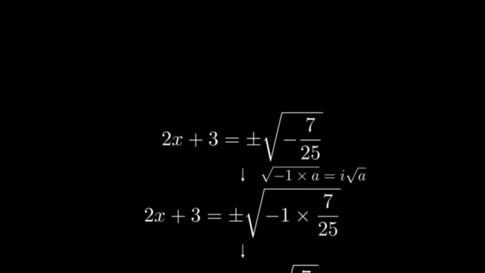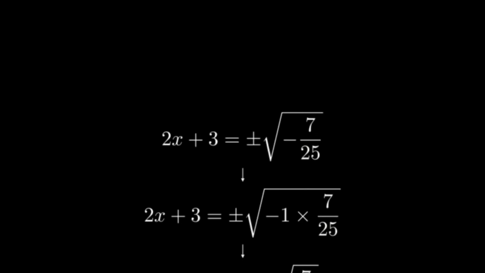The square root of negative 1 times a number equals i times the square root of that positive number. This transforms our expression into 2x plus 3 equals plus or minus i times the square root of 7 over 25. Now we can further simplify by applying another property of square roots. The square root of a fraction equals the square root of the numerator divided by the square root of the denominator.